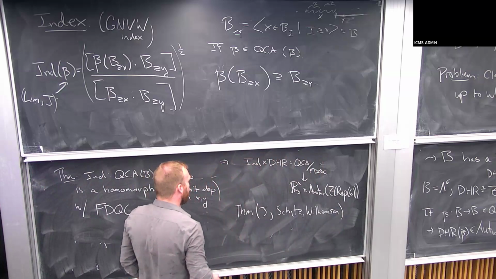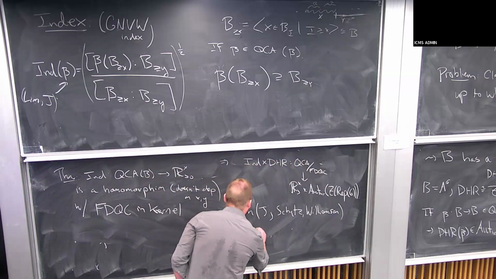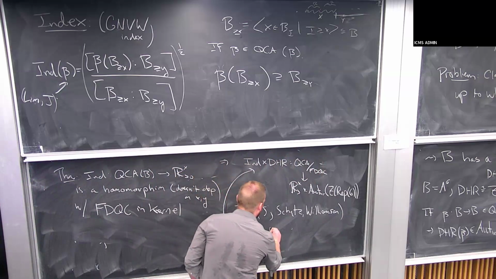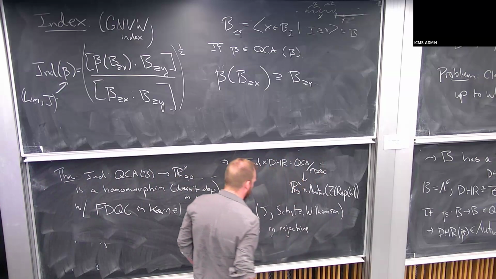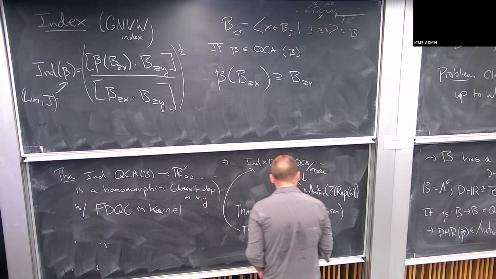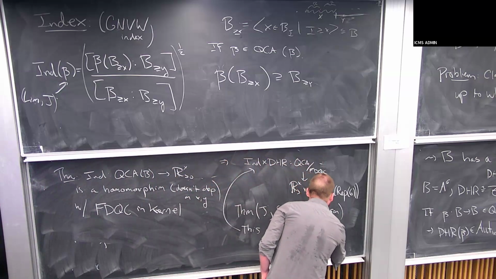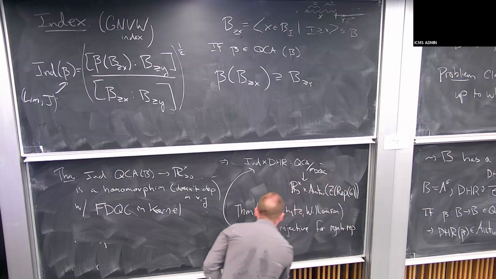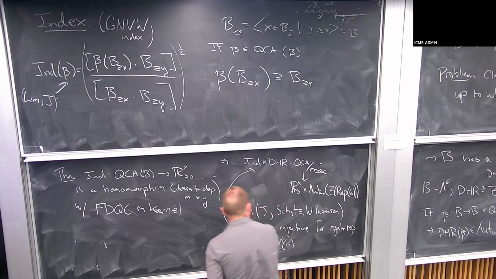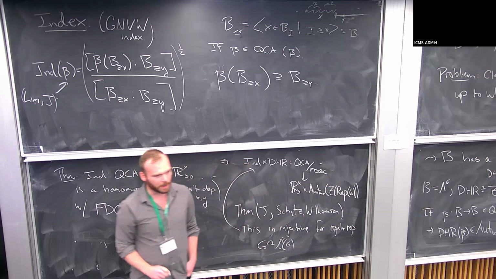So theorem: this is injective. And I can actually tell you what the image is too, but it's kind of complicated to write down. But this is injective for the regular representation, so for G acting on L2 of G. Okay, it's a finite group, so L2 of G maybe is overkill.